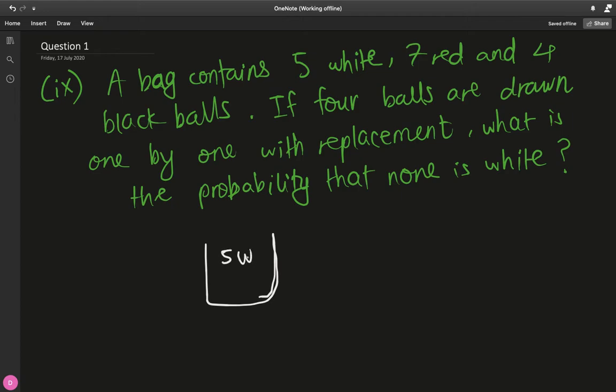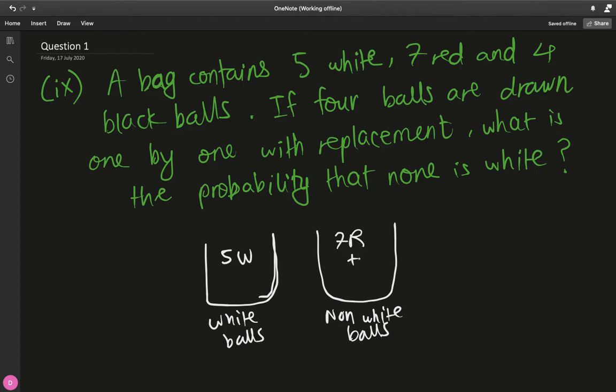We have 5 white here. So these are white balls. And here we have non-white balls in the second container. It's ironic that I write this with a white color, but anyways. In that we have 7 red and 4 black.